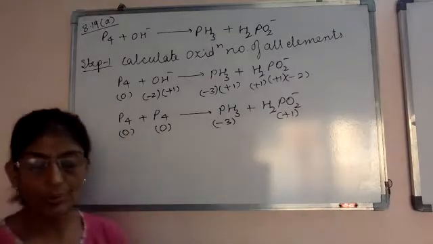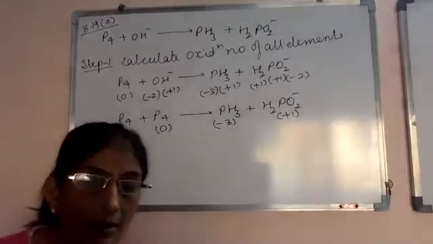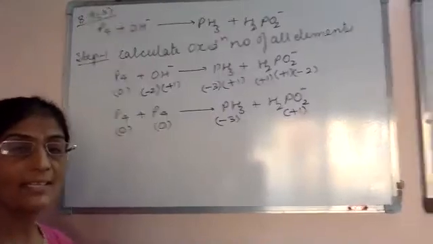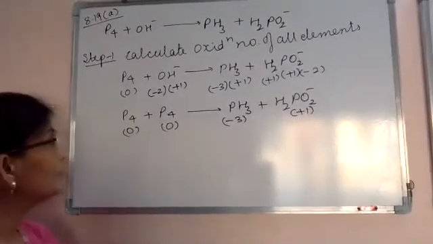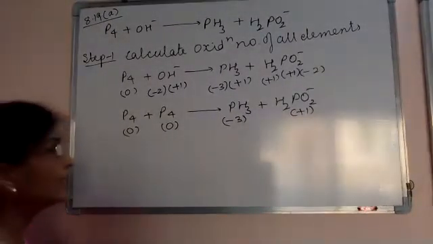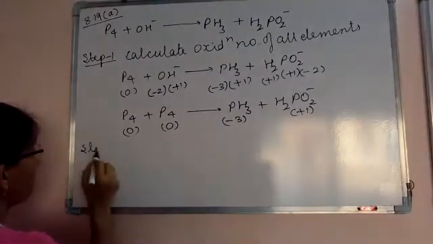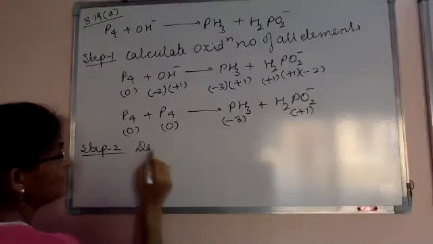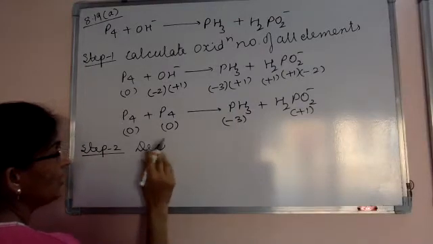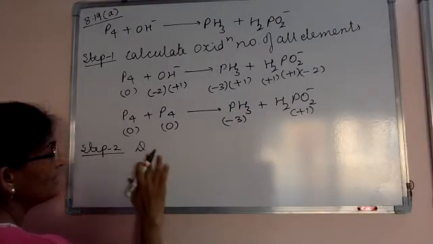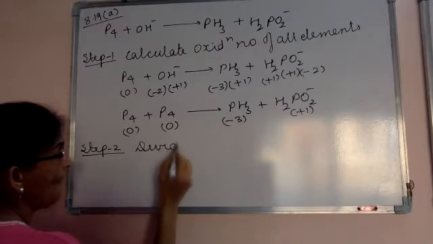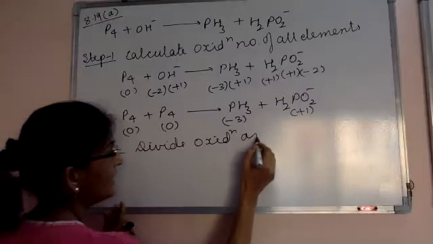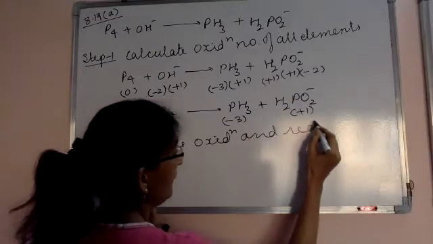Now what we have to do? We have to divide them into 2 parts because it is half reaction method. So second step is divide into oxidation and reduction half reactions.